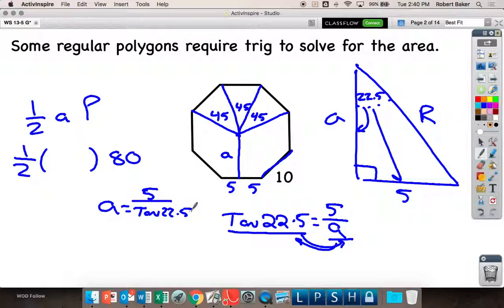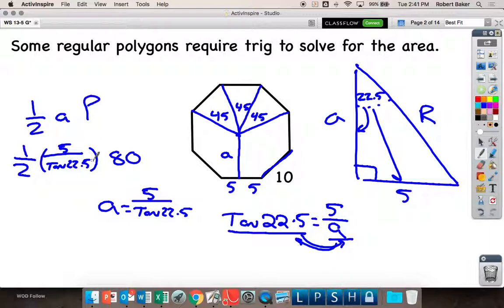So I would recommend just taking this value and putting it right here for your apothem. 1/2 the apothem times the perimeter. The reason I don't recommend calculating that and rounding it is because when you round it, it will compound your rounding errors, and it might say leave your answer to the nearest tenth.